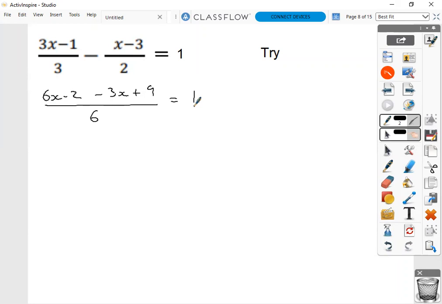Okay. We bring the 6 over and tidy up that line, bring all the numbers together. So we'll have 3x plus 7. If 6 is a divide on the left-hand side, it becomes a multiple on the right-hand side, so it'll be 1 times 6 or just 6.